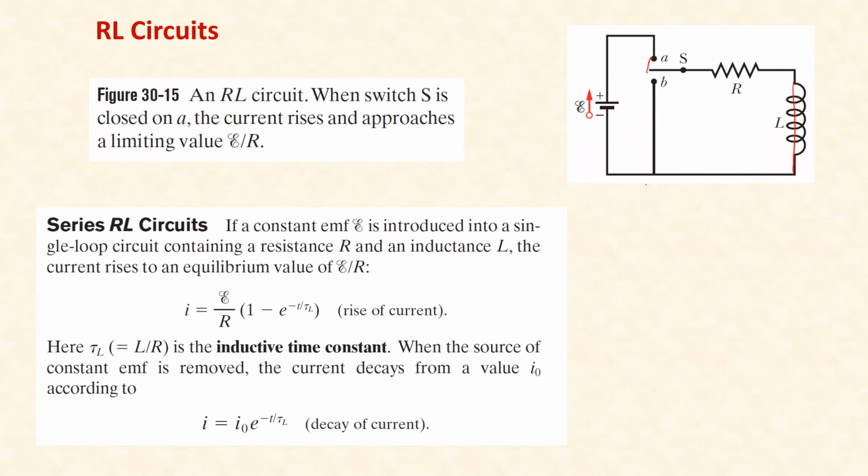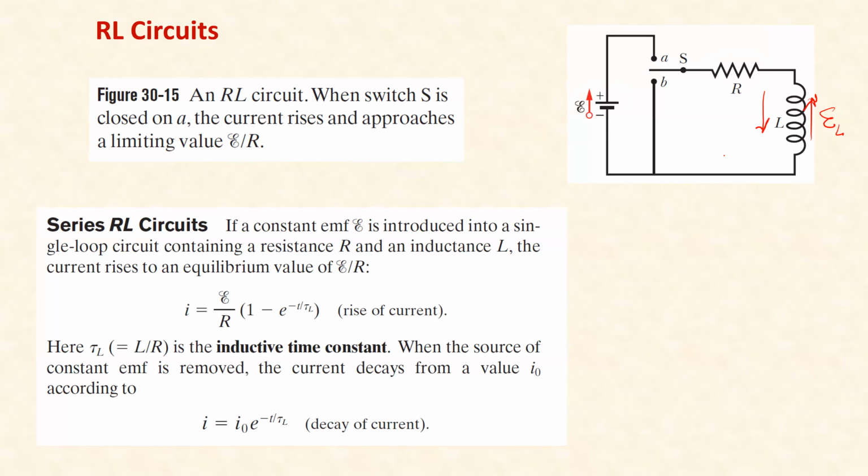Current goes from 0 to maximum very, very fast. But the inductor doesn't like that. When the current wants to change from 0 to maximum, this produces an EL in the opposite direction. The original voltage is this way, and this one creates an opposing EMF in the opposite direction.